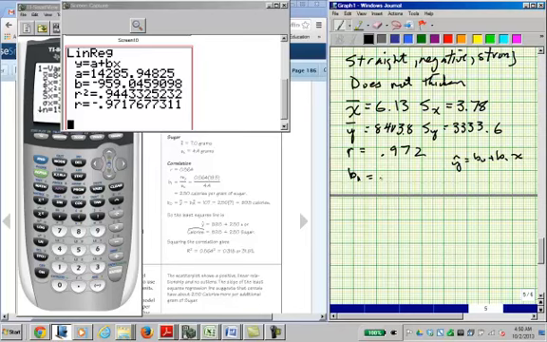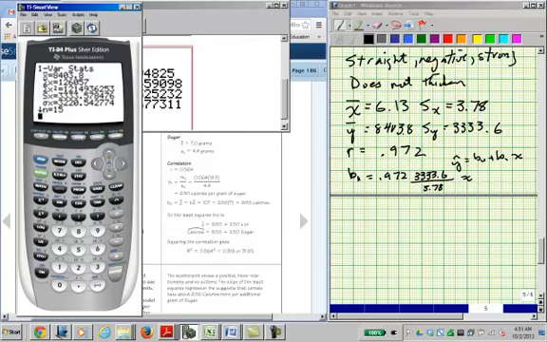B sub 1 equals 0.972 times the standard deviation of Y, 3.3336, divided by the standard deviation of the X coordinates, 3.78. This is going to be a pretty big number. Let's do this in the calculator and see how well it compares to what the calculator actually said it was.